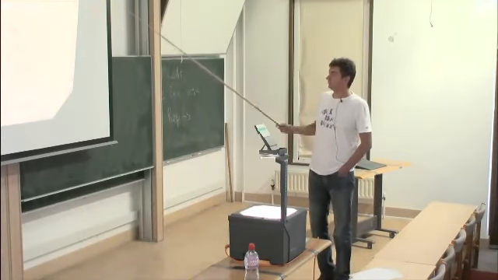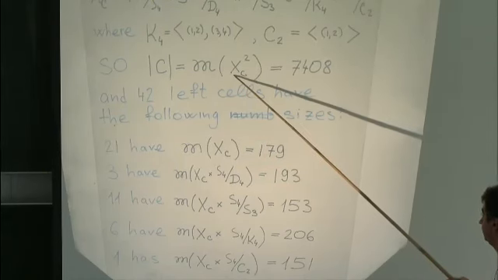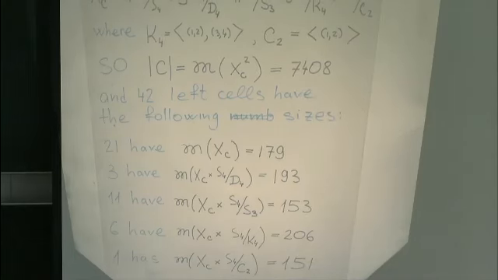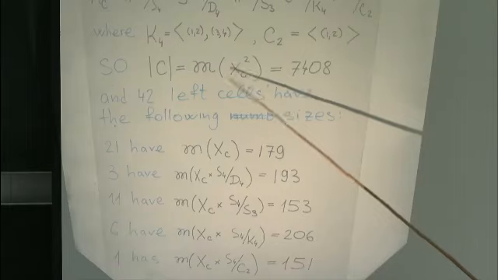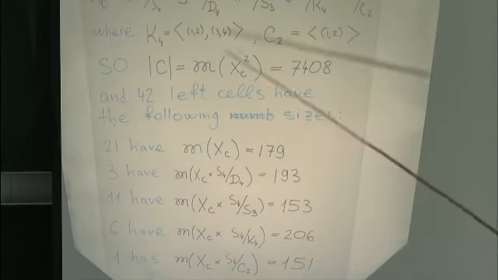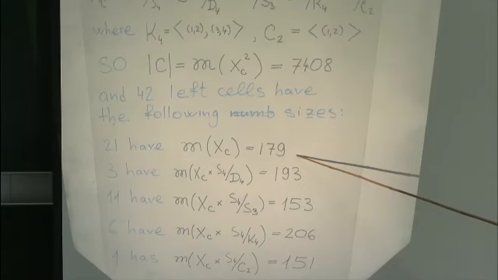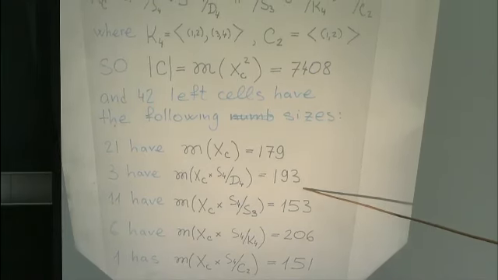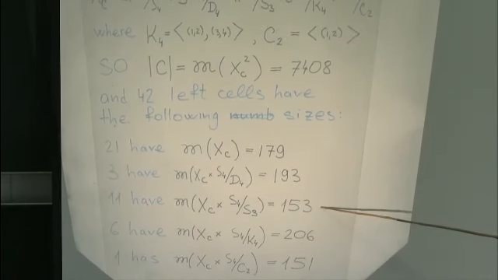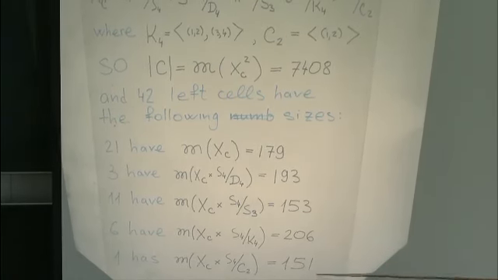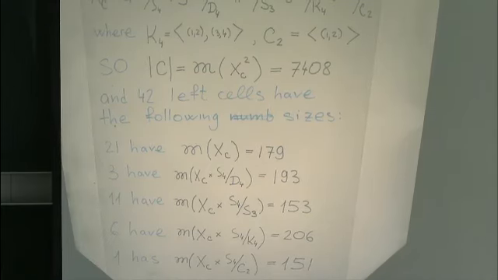But we can still compute, for instance, the size of the double cell. It's 7,408 elements, and the sizes of 42 left cells in this double cell. There are 21 cells of size 179, 3 cells of size 193, 11 of 153, 6 of 206, and there is one very small cell of size 151. Questions?